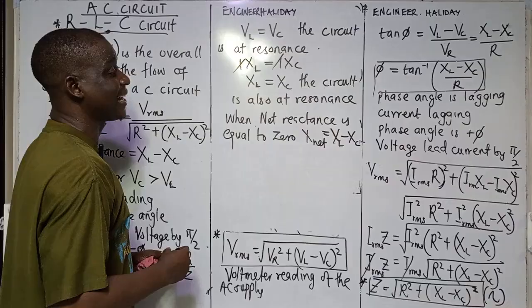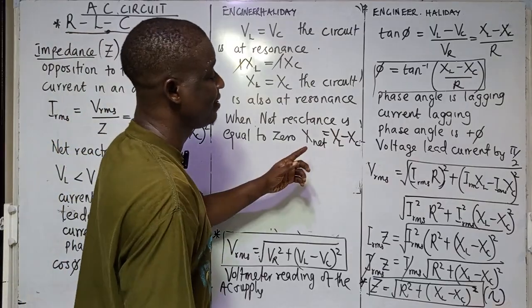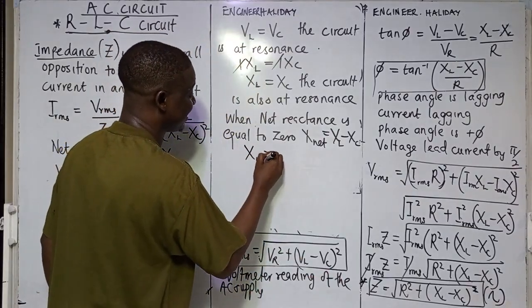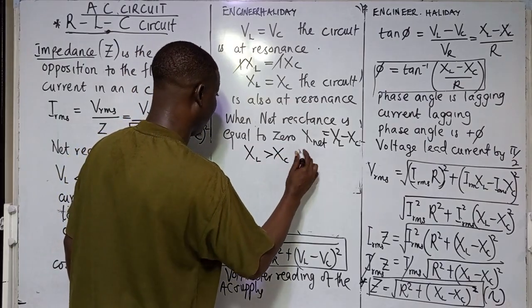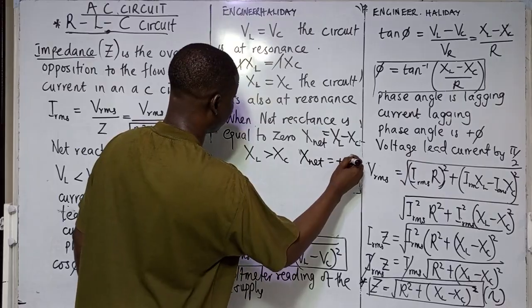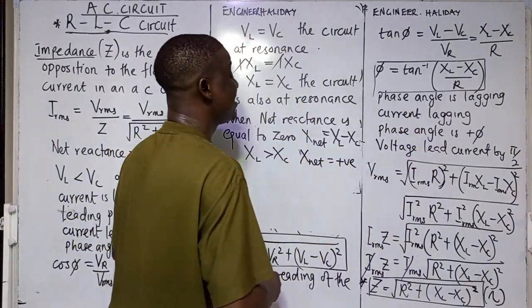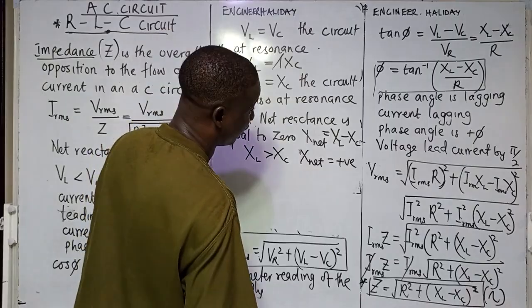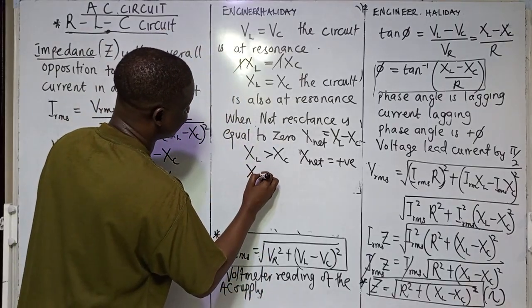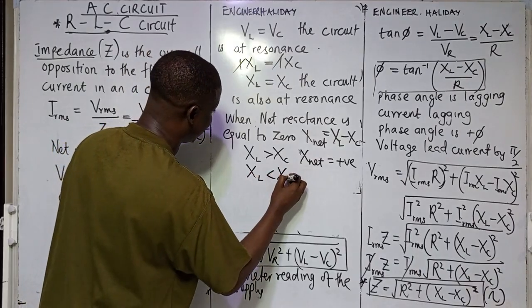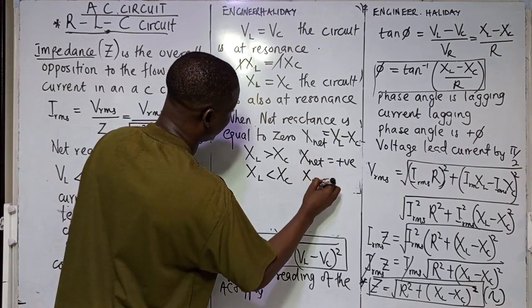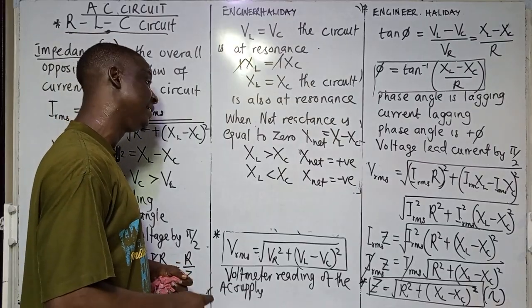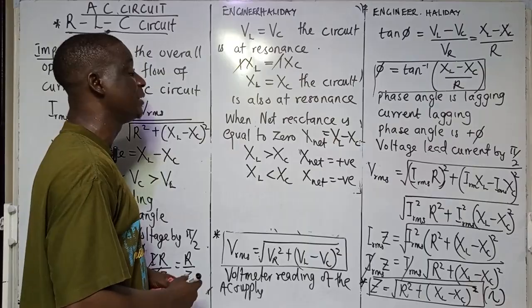So anytime net reactance is positive, XL is greater than XC, and current is lagging. Phase angle is lagging. You understand now? Voltage leads current by pi over 2. Now, anytime XL is less than XC, net reactance will be negative. In this case, current is leading and phase angle is also leading. And current leads voltage by pi over 2.